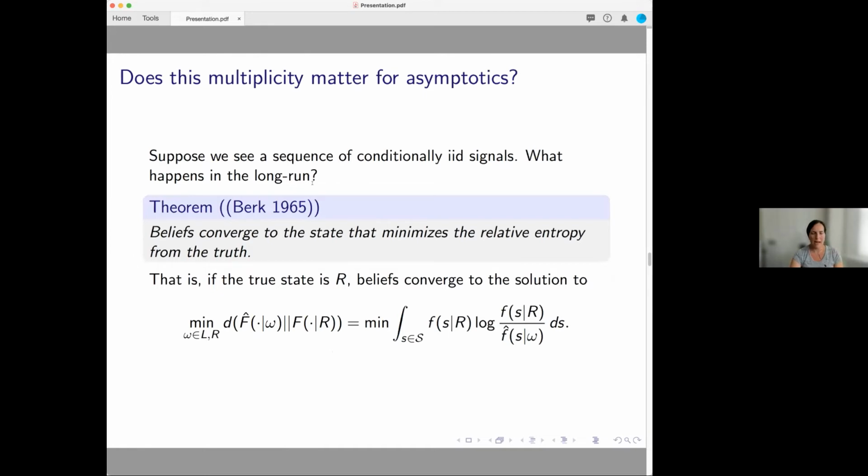So for IID learning like this, Berk's 1967 theorem tells us that beliefs are going to converge to the state that minimizes the relative entropy from the truth. In other words, if the true state is R, then beliefs will converge to the state that minimizes the difference between the subjective signal distribution F hat in that state and this true distribution in state R.